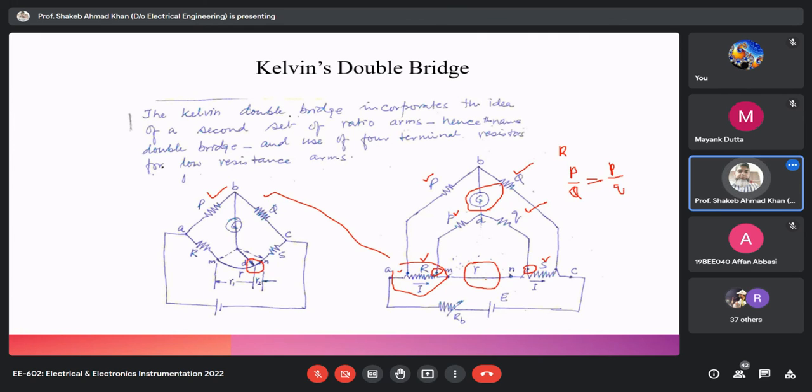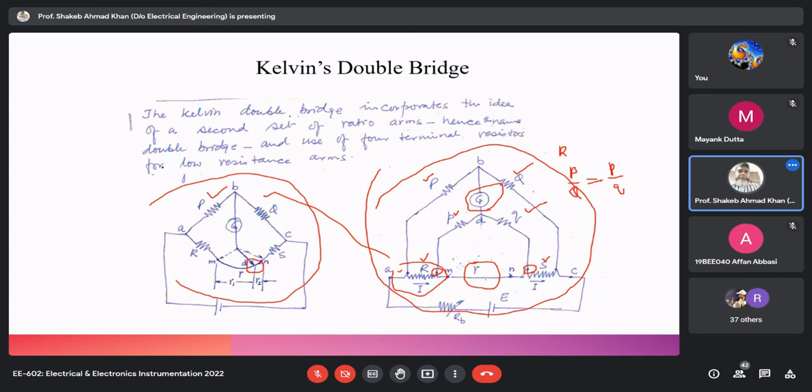And it is claimed that this implementation will have the same effect as that of your modified Wheatstone bridge or conceptual modified Wheatstone bridge when you balance the bridge, and this is called Kelvin's double bridge. And why is it called Kelvin's double bridge?